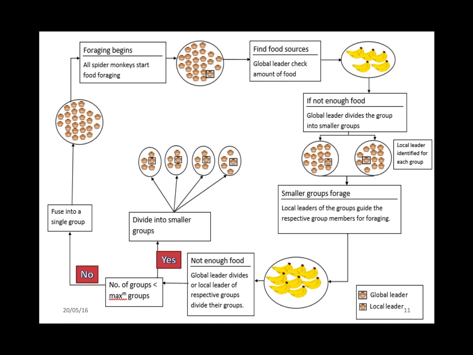There are certain studies which suggest that if the number is less than 10, then swarm intelligence behavior is usually not expected. So in our algorithm the minimum number of monkeys is 10, or based on the total population; this is a parameter of the algorithm, whatever maximum number of groups or minimum number of monkeys in a single group you decide.